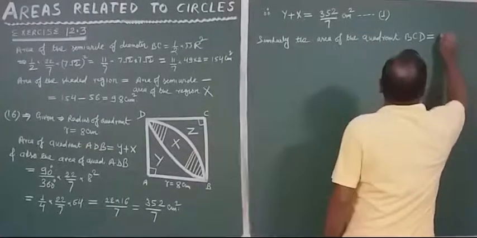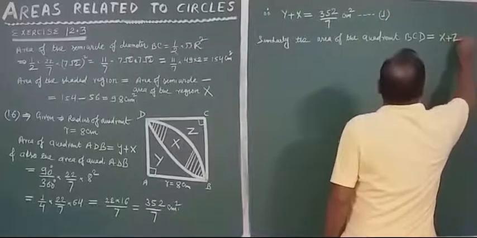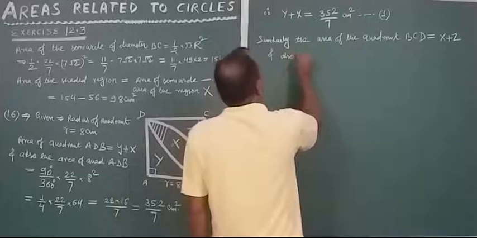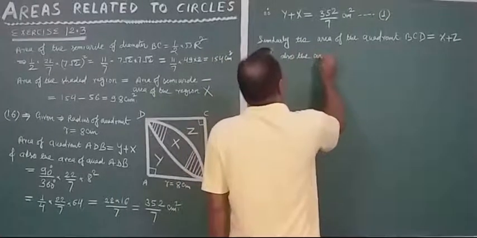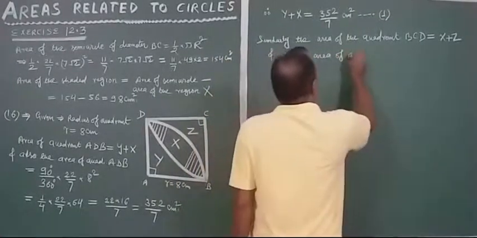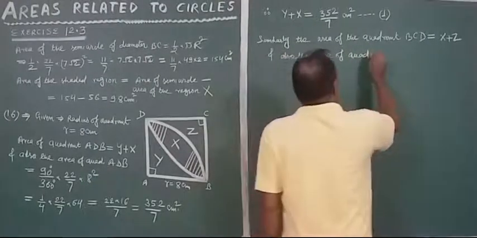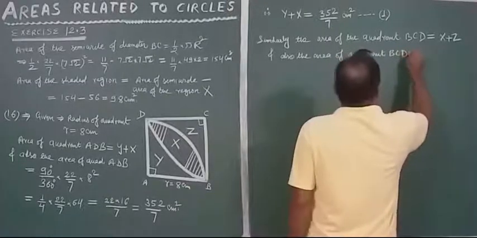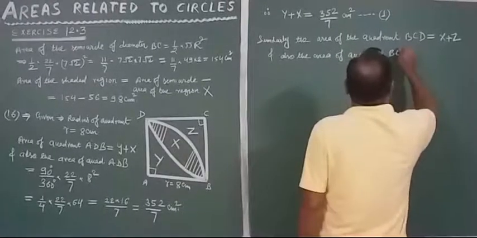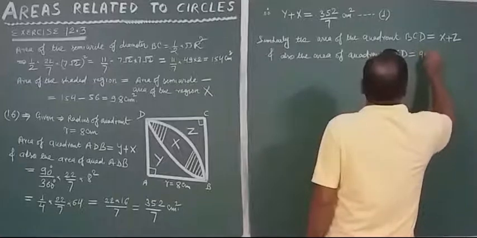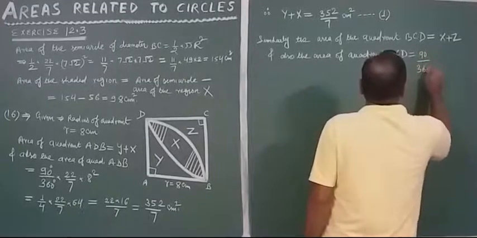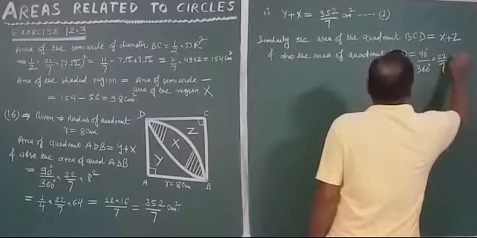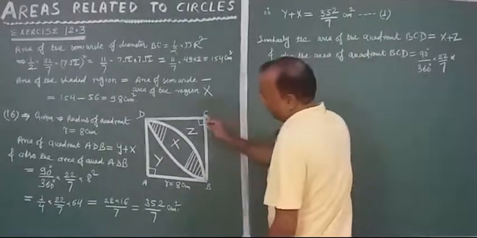And also the area of quadrant BCD will be given by, again, 90 upon 360 into pi, r is also there, again same radius.